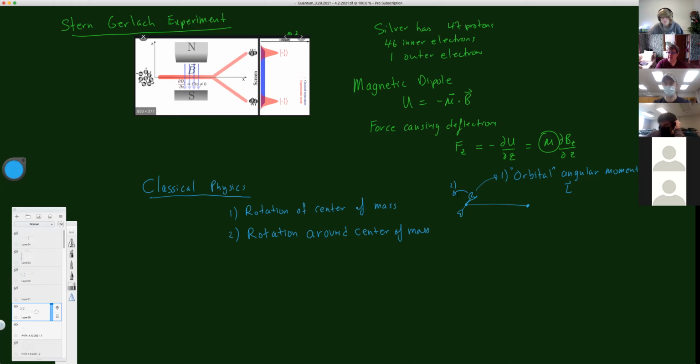Okay, and now this is where I'm going to call it spin. I'm going to put spin here. But this is where the breakdown between classical physics and quantum mechanics comes in, because yes, in classical physics we would say it's spinning around its center of mass, and it's going around the center of rotation.